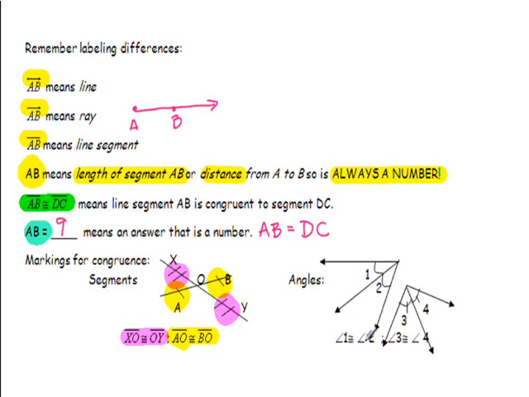Shows me that angle 1 is congruent to angle 2. And then if I want to show that two different angles are congruent within the same kind of picture, then I can either add a hash mark to the little hump, or I can make it be like a double arc to show that these two angles are congruent to each other.